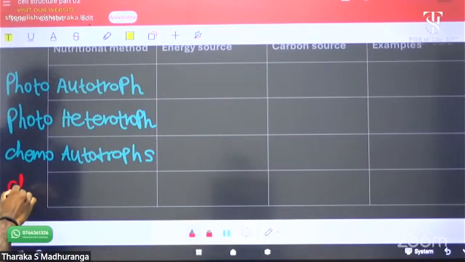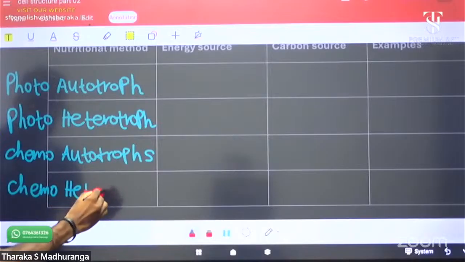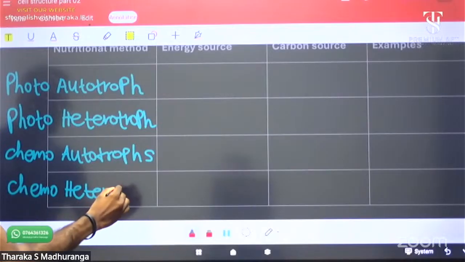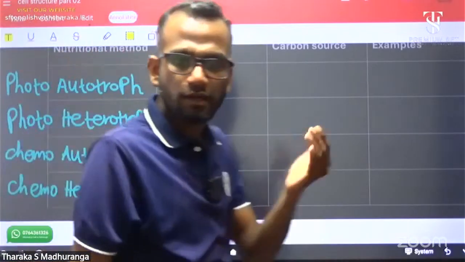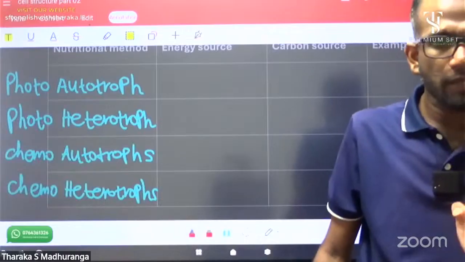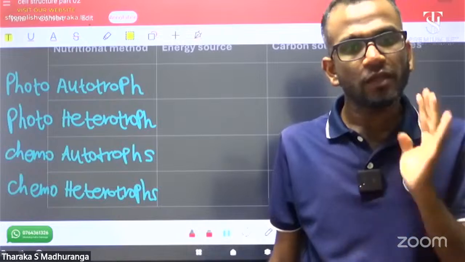Final one, chemoheterotrophs. Do you remember the four names?